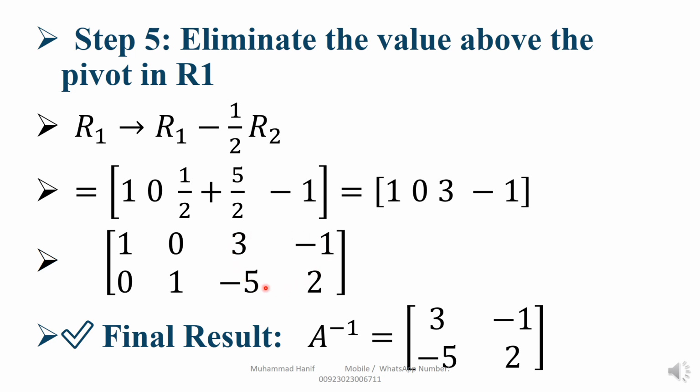You must remember, if we put the identity matrix here, then in the final answer the identity matrix is converted here, and we get this A inverse matrix by row operations. Now you can see here 3, minus 5, minus 1 and 2 is the A inverse matrix. We get this answer.